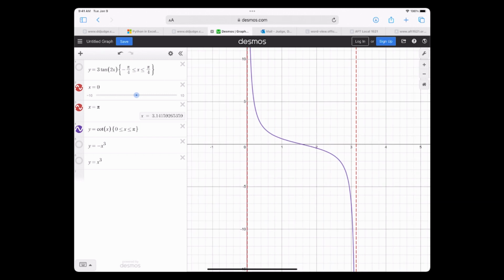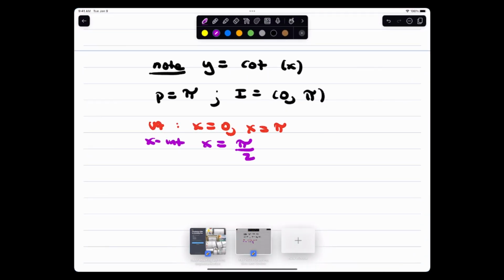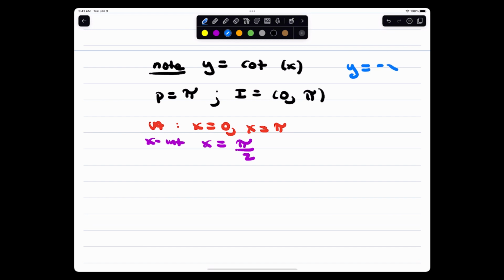So I just want to put this all together for you guys in your notes, okay? If you guys remember, this general curve, think of y equals that minus x cubed. That's what I actually use in my mind here. This is a key.